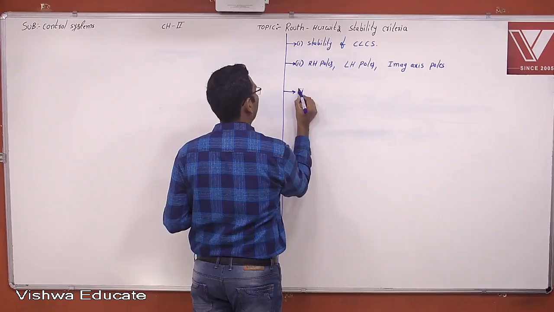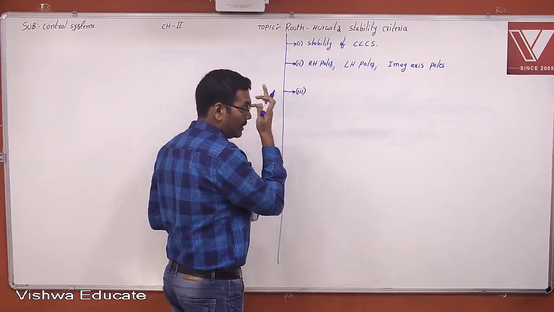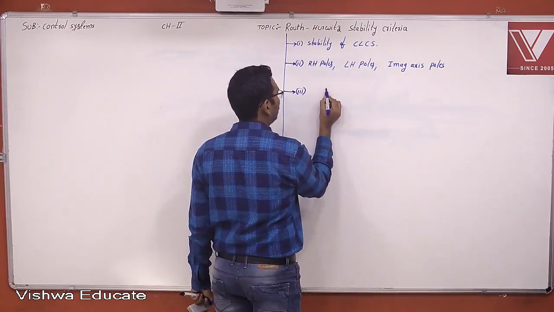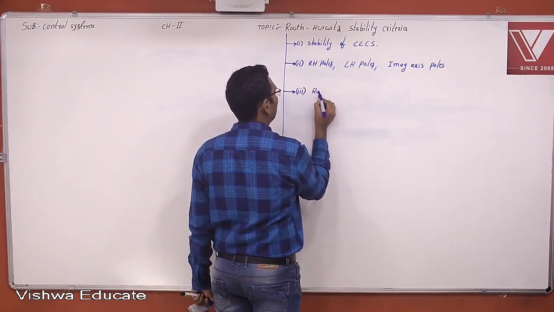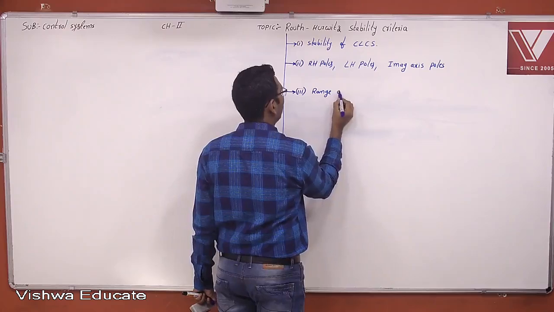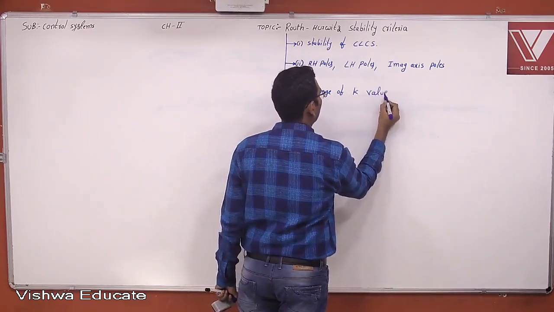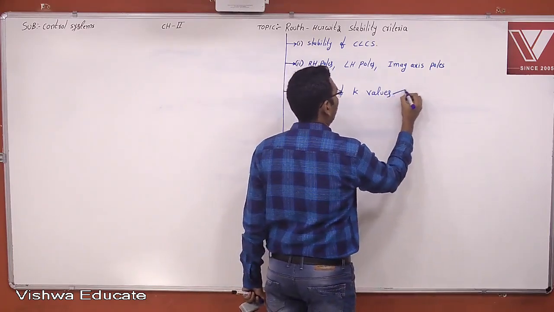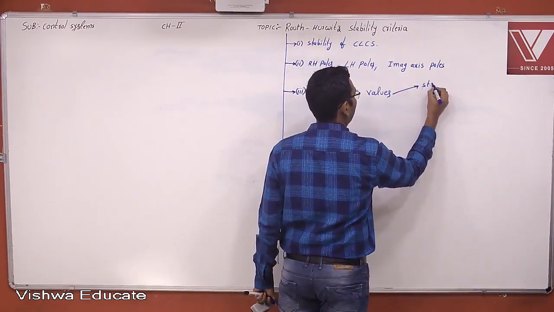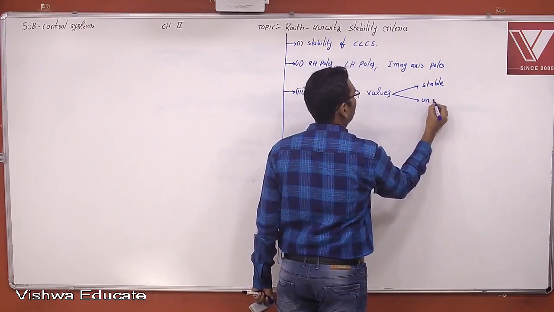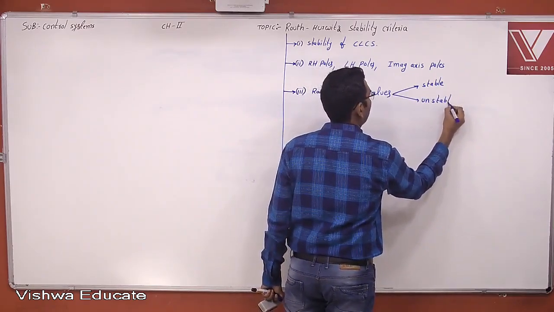And another feature of the RH criteria is that it is used to find the range of K values for stable, unstable, and marginally stable.